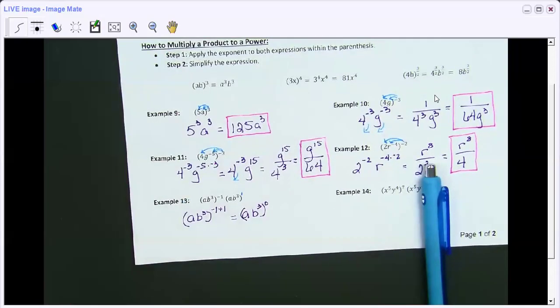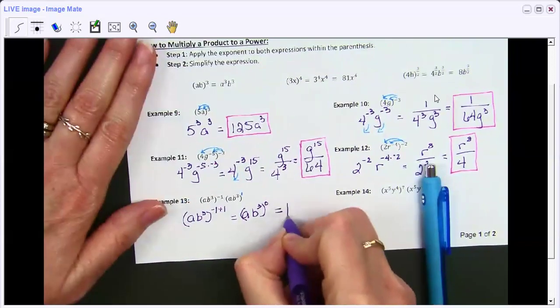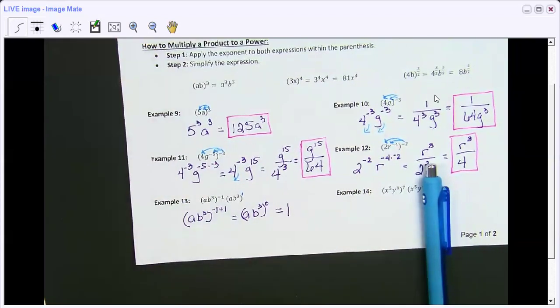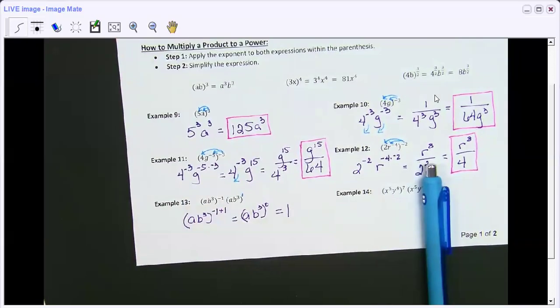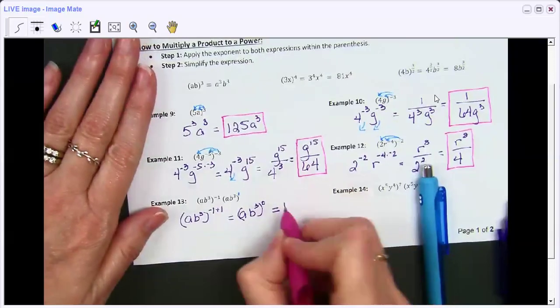And anything raised to the power of 0 is 1. But you can only do that if they have the same base. If this was AB cubed and A cubed B, you couldn't do that. So then this would be your final answer here.